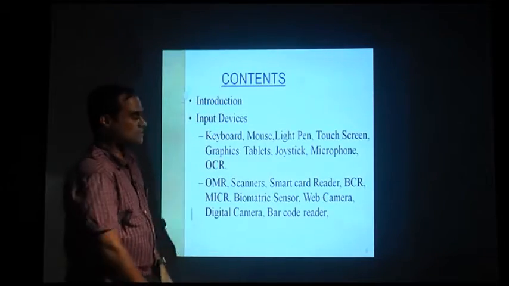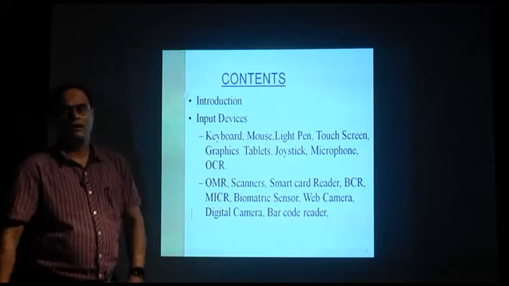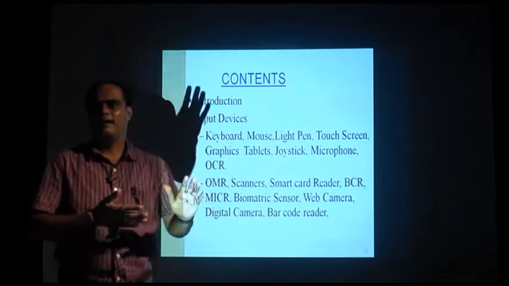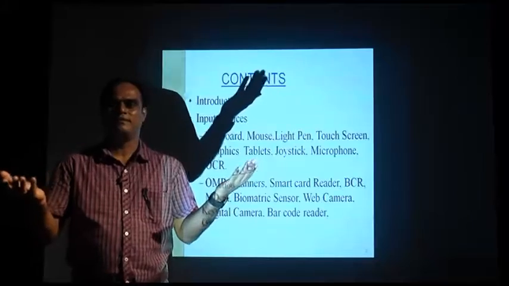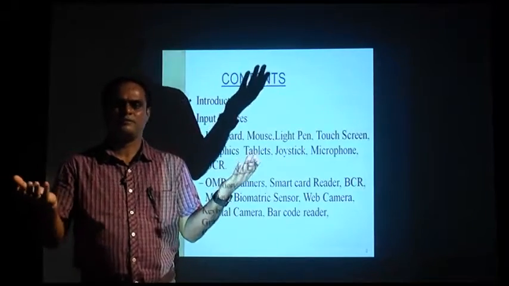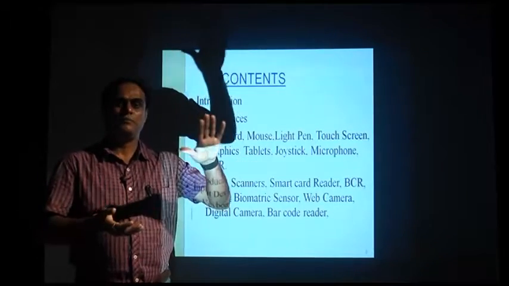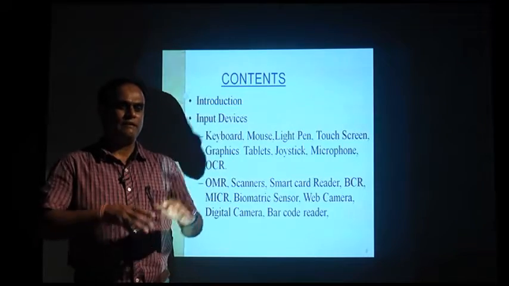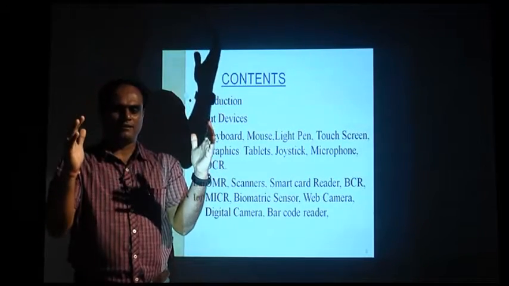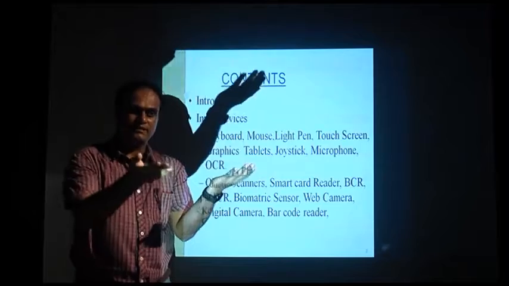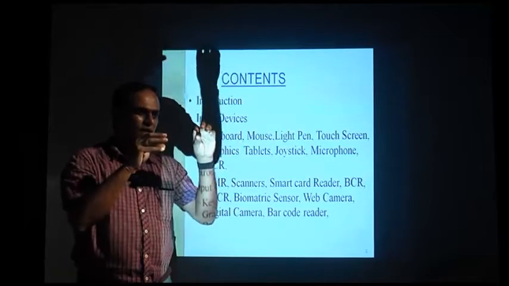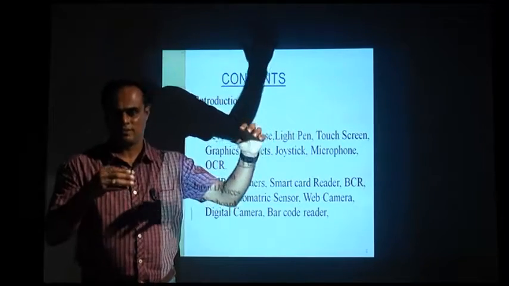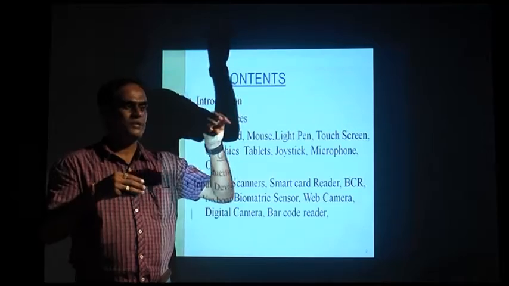So in today's class, as per my definition, the computing system has an input section. When we combine devices, we can designate a particular device as the computing system. So what is a computing system?